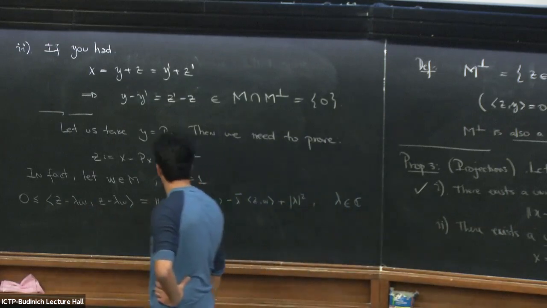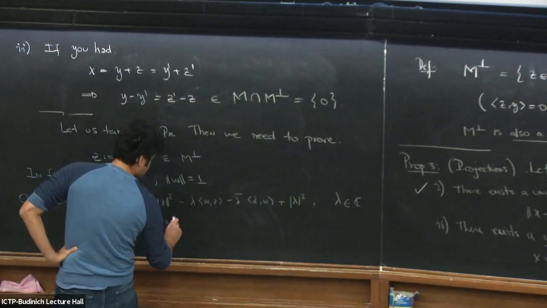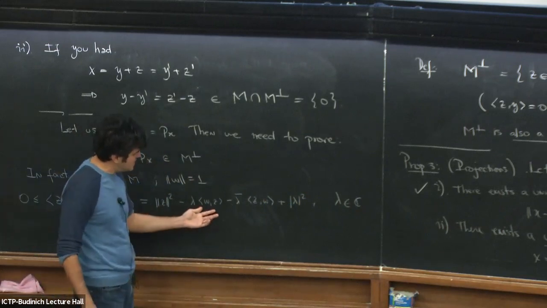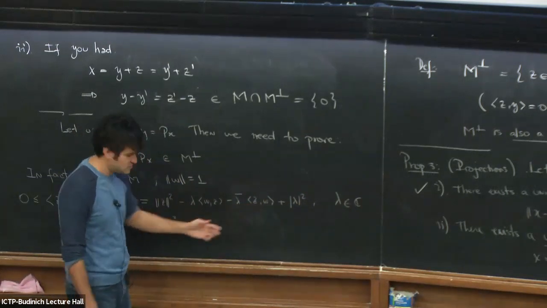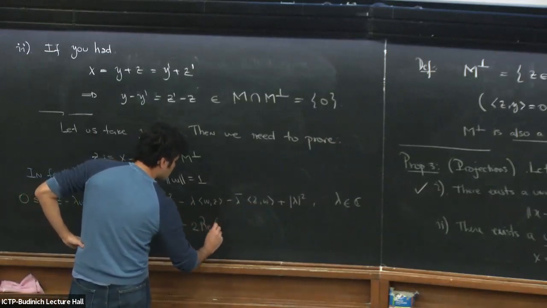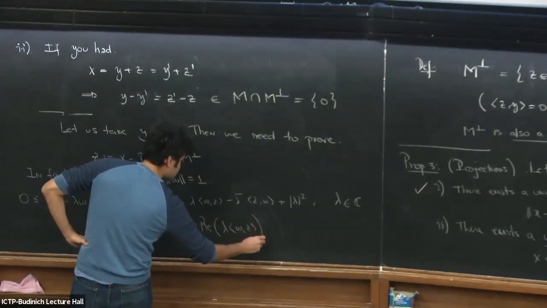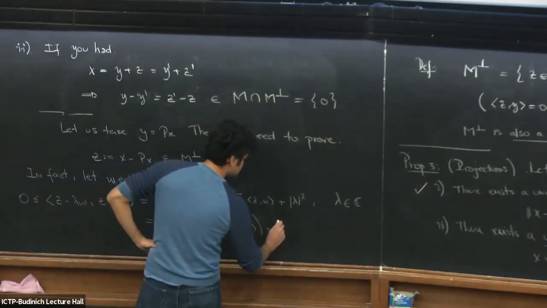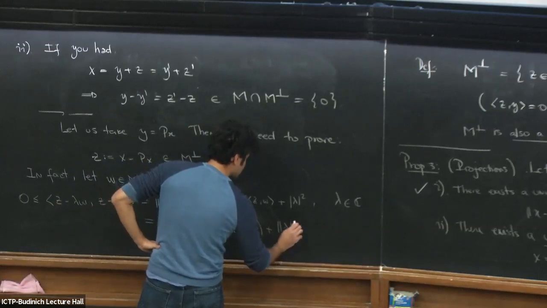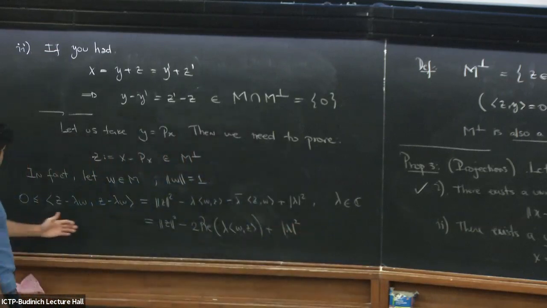So this is actually norm of Z square. This is a guy and its conjugate. So this is minus 2 times the real part of lambda times the inner product of W and Z, plus modulus of lambda square. Again, this is always bigger or equal than 0.